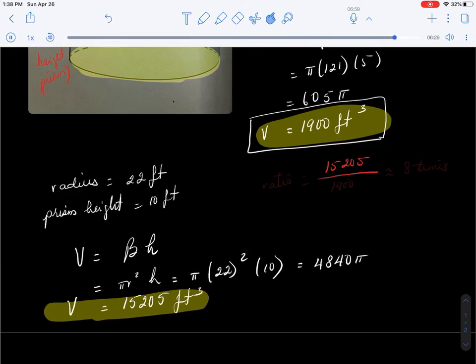I'm going to take it over. I'm going to find a ratio. Okay, 1900. So that is about 8 times more. Okay, so if I double the dimensions, the volume is going to be 8 times larger. 8 times more if I double the dimensions. Okay, go ahead.